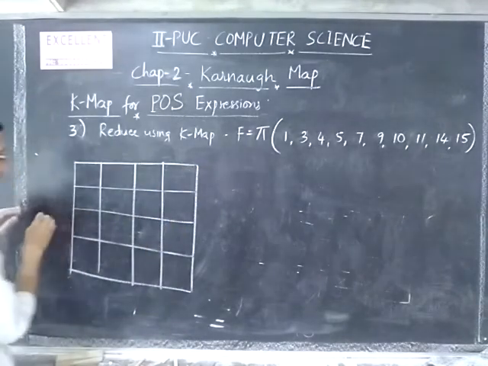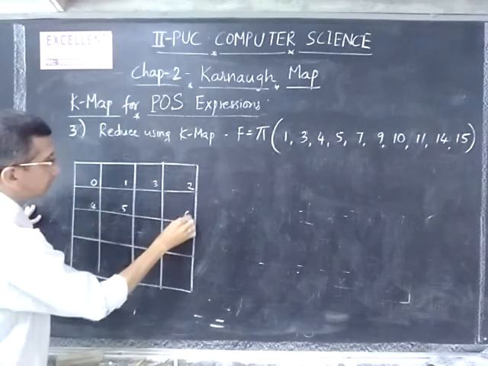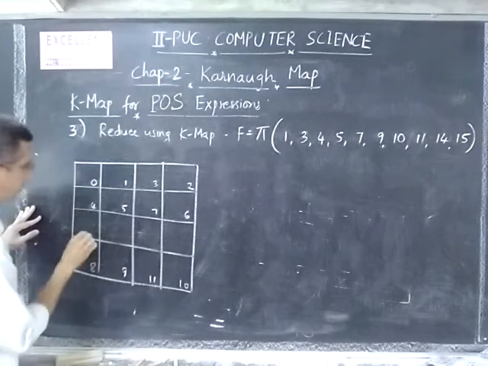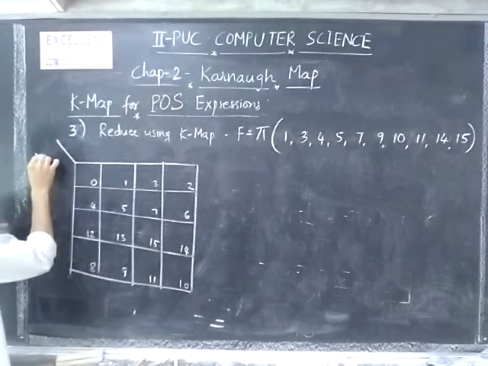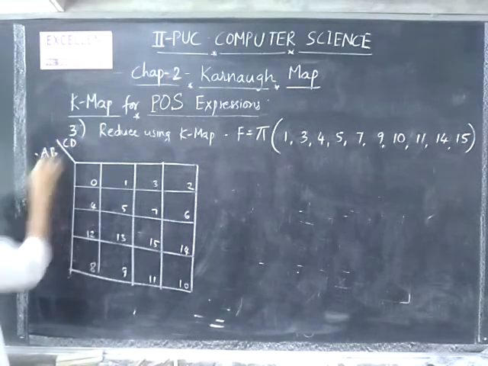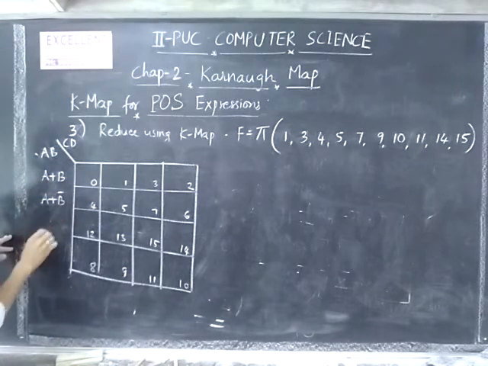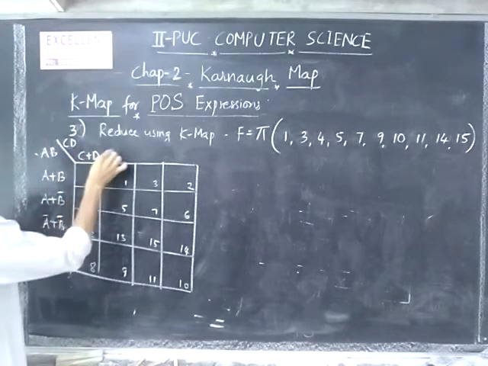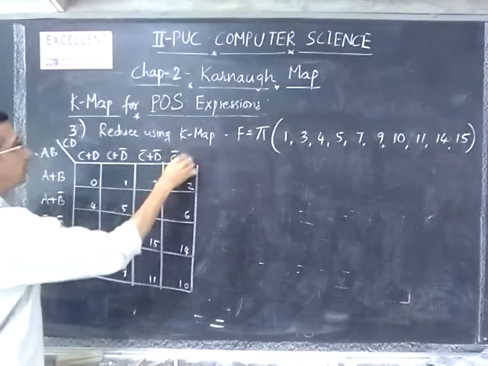Number the boxes 0, 1, 2, 3, 4, 5, 6, 7, 8, 9, 10, 11, 12, 13, 14 and 15 here. So this is A and B, C and D. This is A plus B, A plus B bar, A bar plus B bar, A bar plus B. It is C plus D, C plus D bar, C bar plus D bar, C bar plus D.